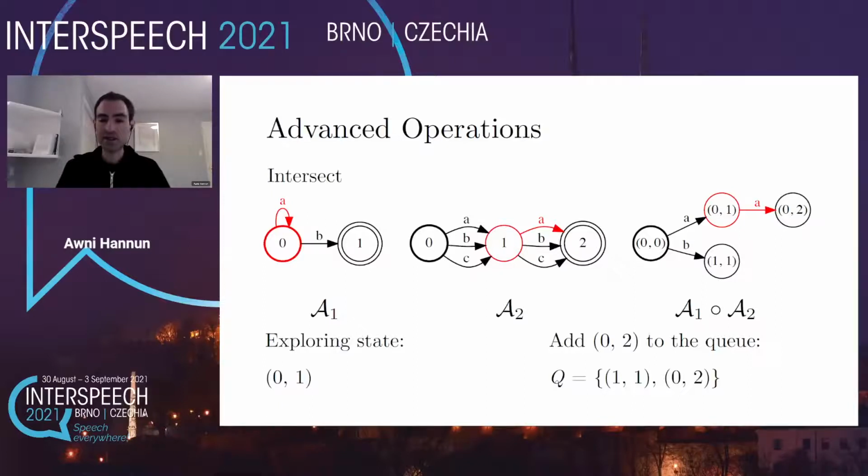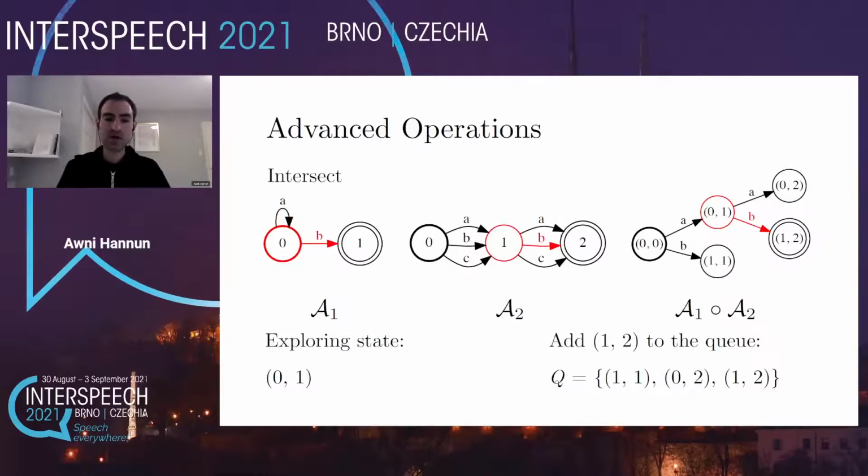Since we haven't seen that state before, we construct it in our new graph and we add it to the queue. We look again to see if there's any other arcs with matching labels. Again, we find there are 2 arcs with the label B, and we add the downstream nodes of those 2 arcs as a new state pair in our intersected graph.